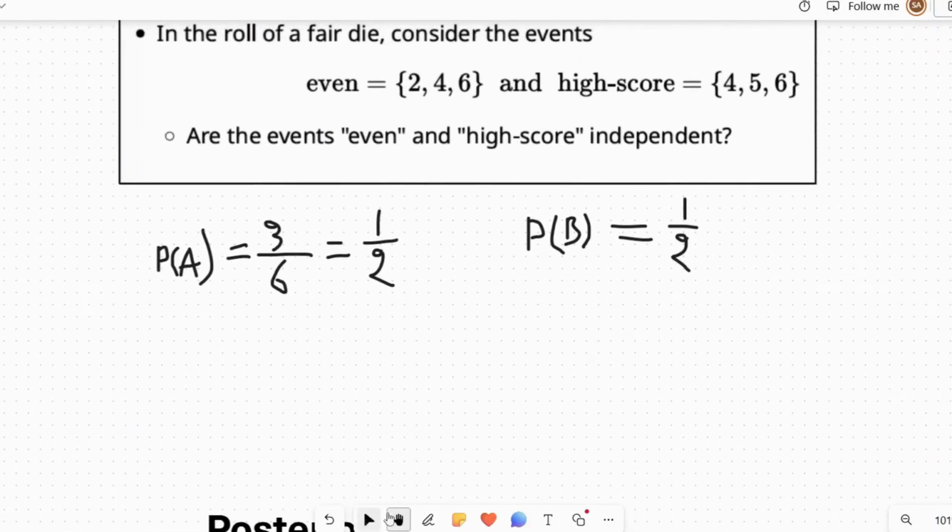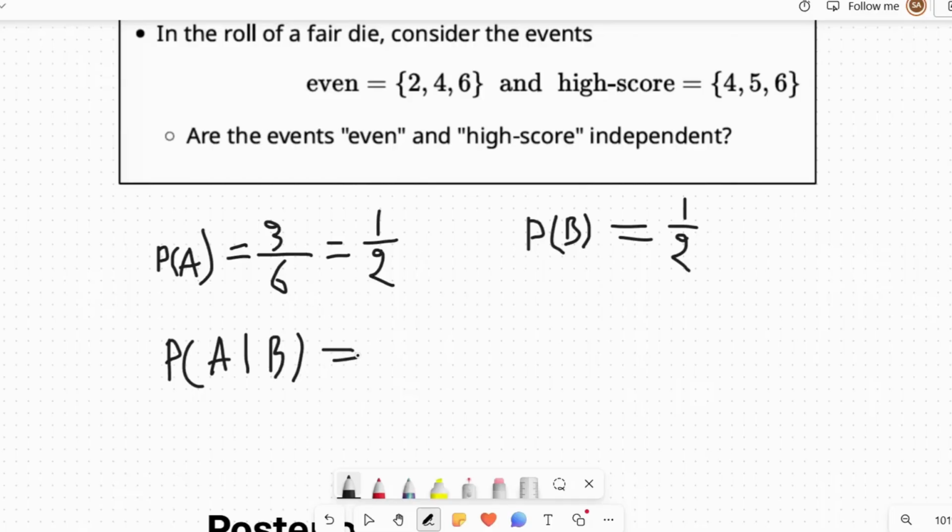So find P(A given B). We already know the formula because we already talked about this in lecture 3. If you have not watched lecture 3, you can visit it first.